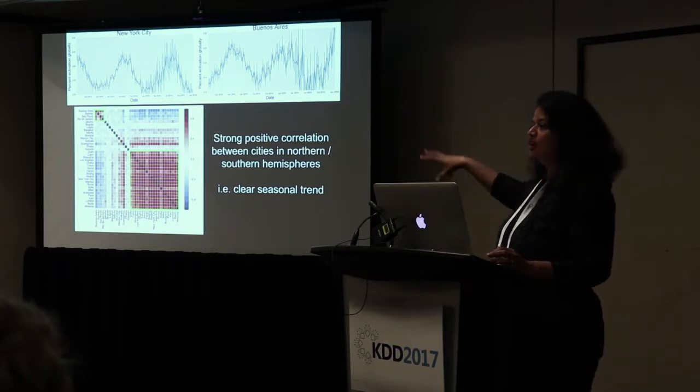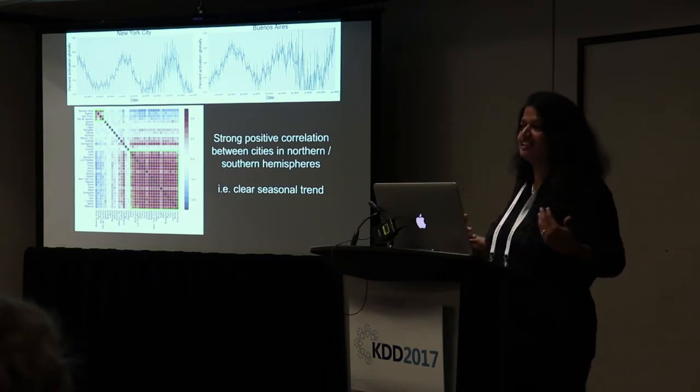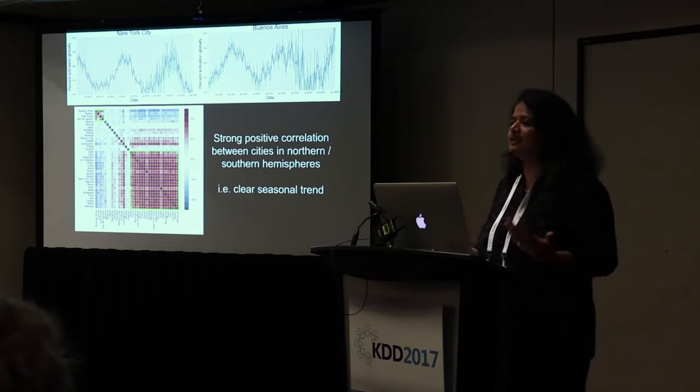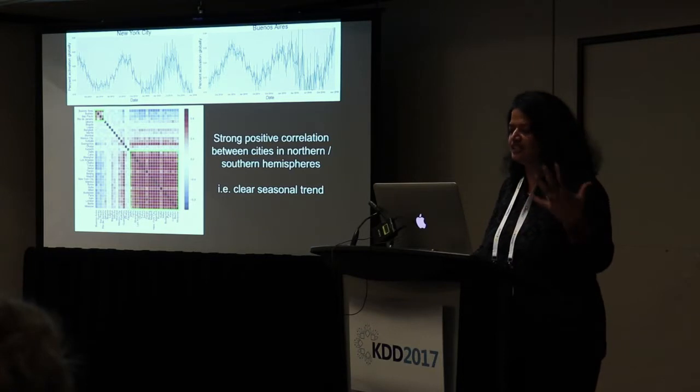Northern hemisphere cities are correlated with each other, and they behave opposite from each other. We wear white in summer for us, they wear white in summer for them. So these are all things that just pop out. They validate that the data and the behavior is actually sound. There's some statistical significance, it's making some sense.